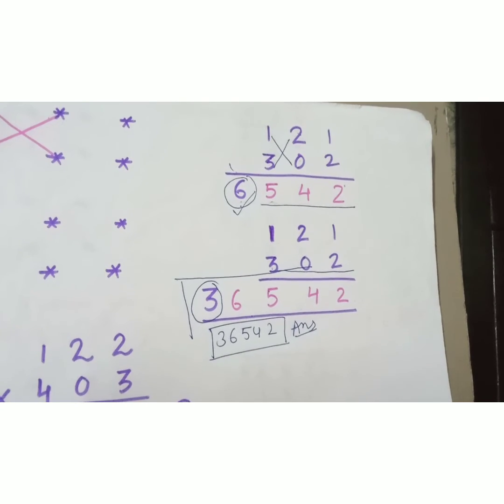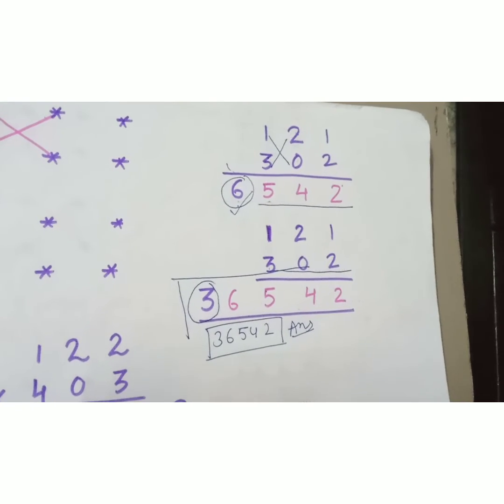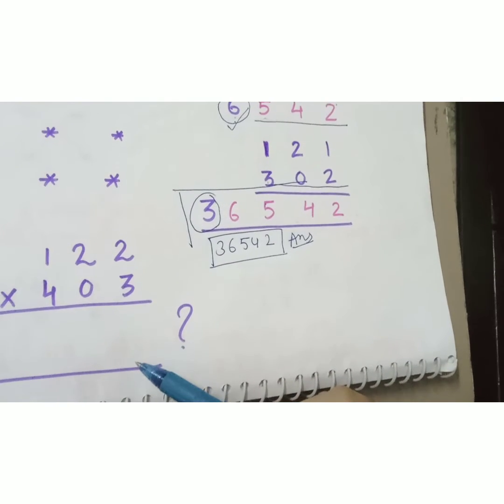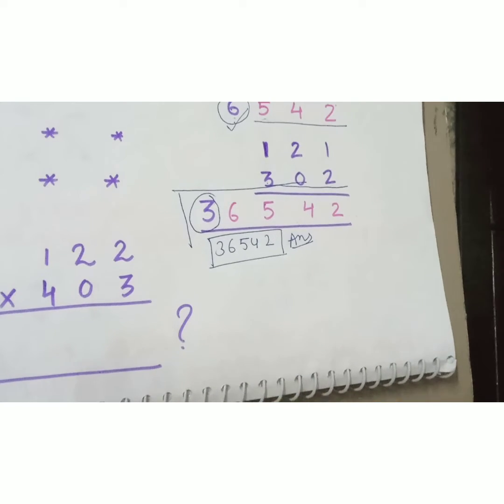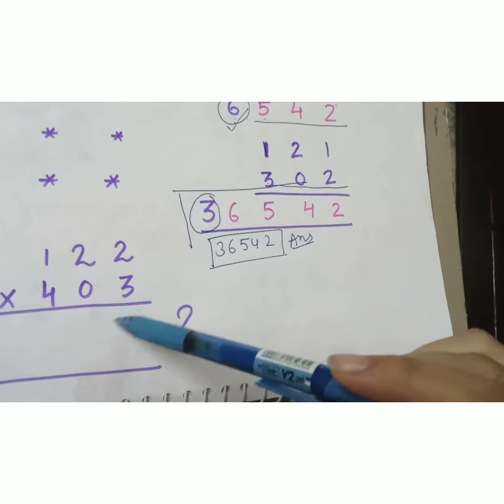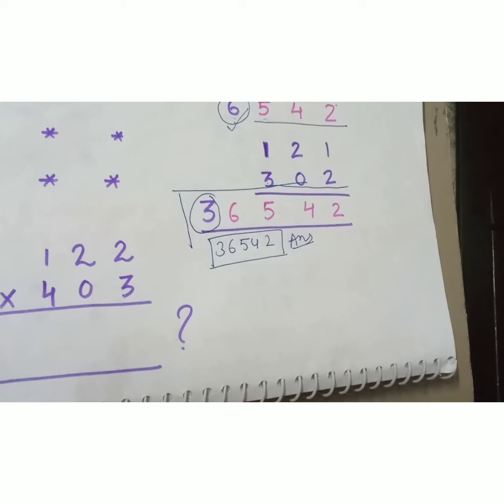If you solve it yourself and practice more, you will master it like me. I have given you one example. Do this question as your homework, practice the method, and comment your answer in the comment section after understanding the concept as I have told you. I will wait for your answers.